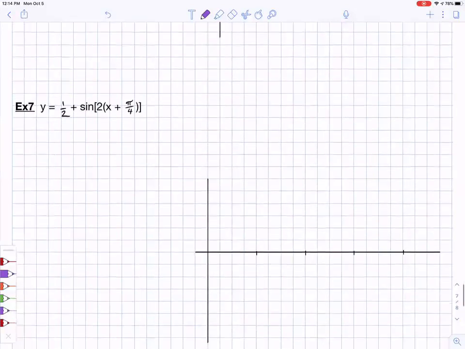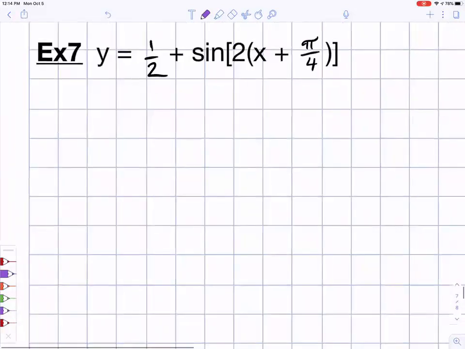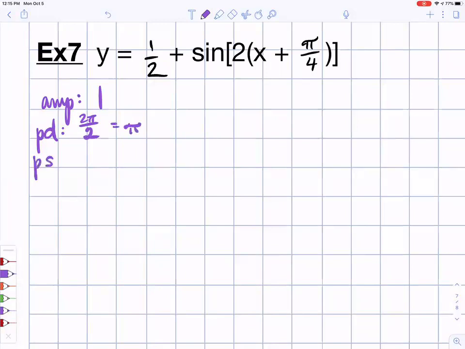Okay? So, amplitude. 1. Amplitude is 1. Period. Tell me how to find it. Yeah, so this is going to be 2 pi over 2, which is pi. Phase shift.